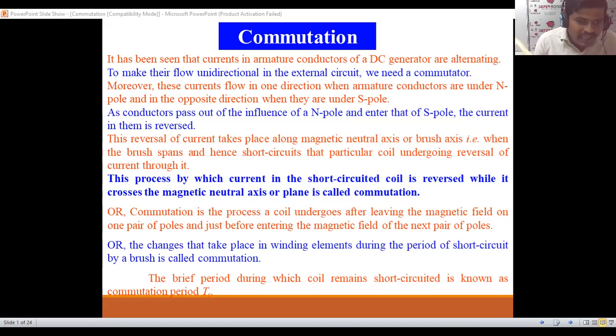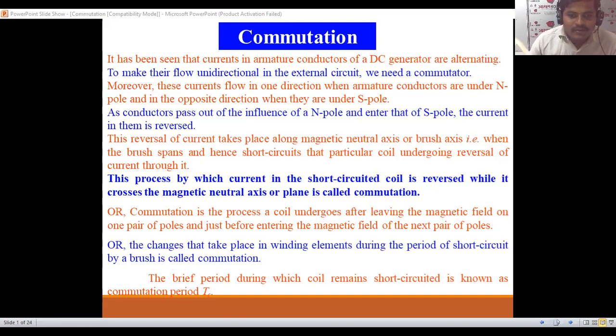At 180 degrees, the flux cutting will be zero, so the induced EMF will be zero. That means the generated current in a DC generator is an alternating quantity.